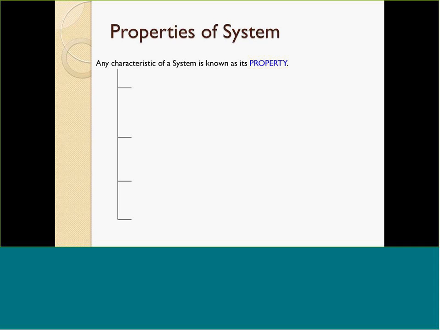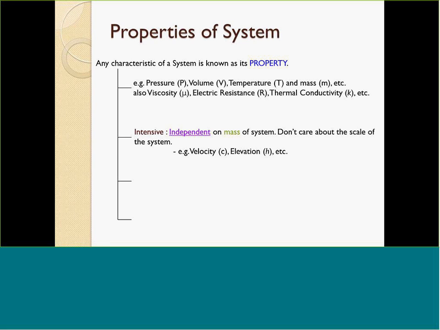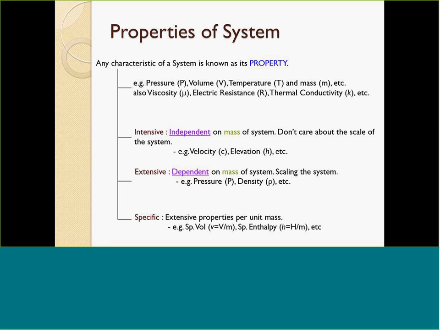Typically the system properties involve pressure, volume, temperature, and mass. Intensive properties are independent of the mass of the system, extensive properties depend on the mass of the system, and we also have specific volume and enthalpy. So this is part of the system.